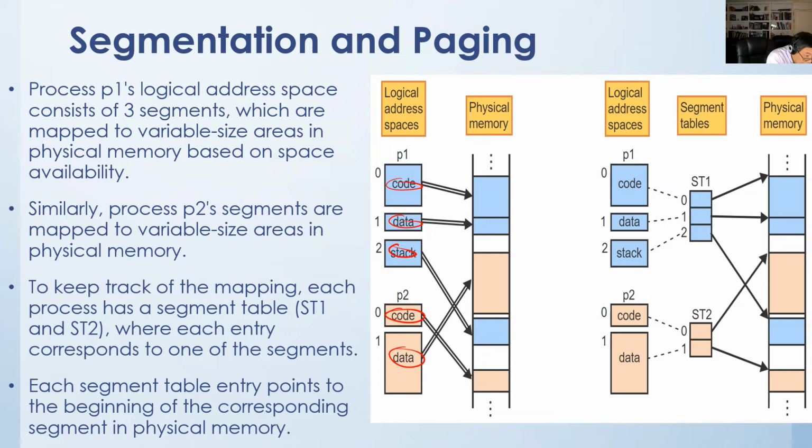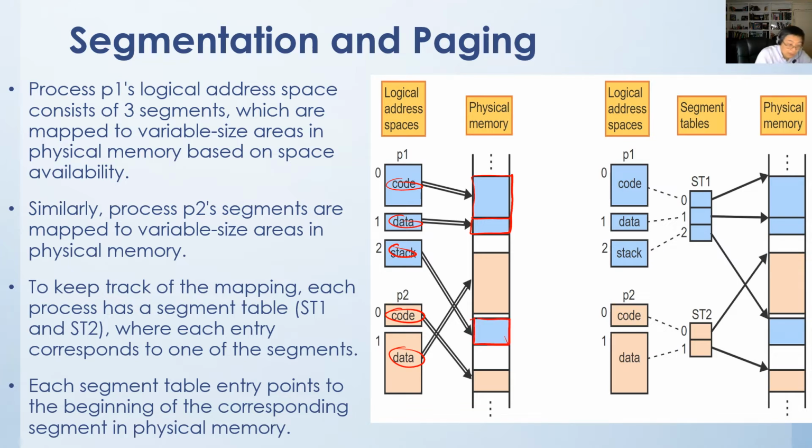Okay, so when I load the process into the computer physical memory, I load the code in one memory location, data in another location, and the stack in another location.